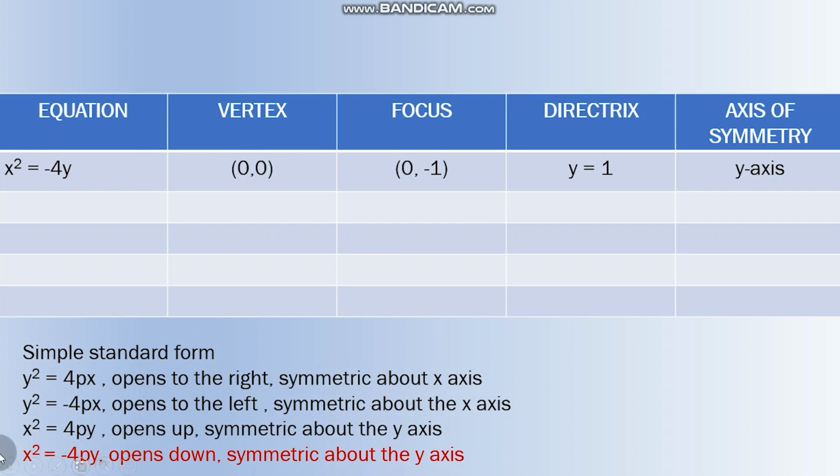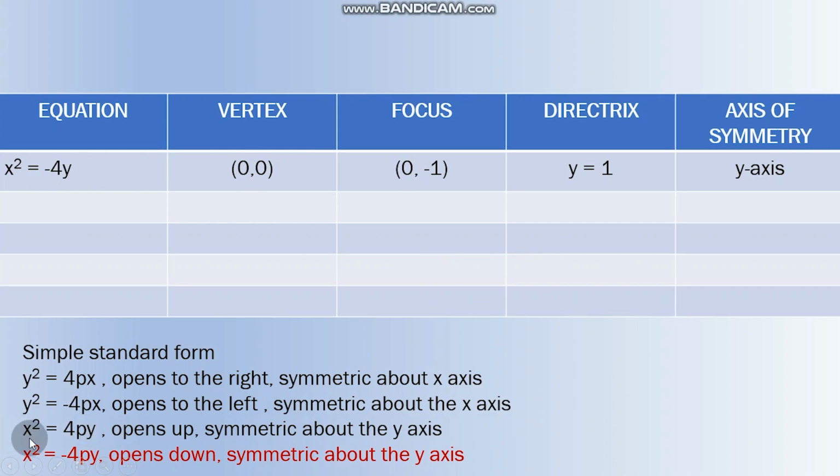So, umiikot lang siya. So, it opens to the right and symmetric about the x-axis. Talaga namang right kasi positive, 'di ba? So, 'di ba sa ating rectangular coordinate system, pagka nasa kanan, positive x's 'yon, 'di ba? Kaya opens to the right. Pag negative naman, ganun din, nakahiga pero it opens to the left. Okay? Symmetric again about the x-axis.